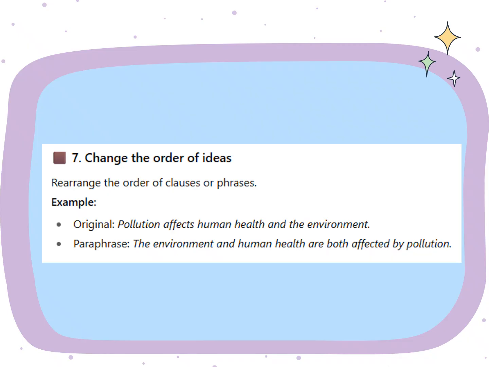Another method to paraphrase is to change the order of ideas. You can rearrange the order of the clauses or the phrases. Pollution affects human health and the environment. And you can paraphrase it as the environment and the human health are both affected by pollution.